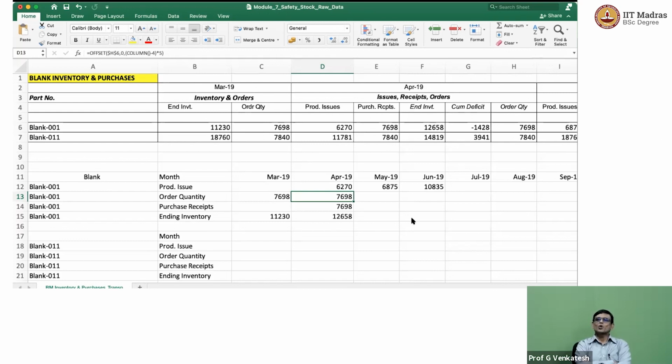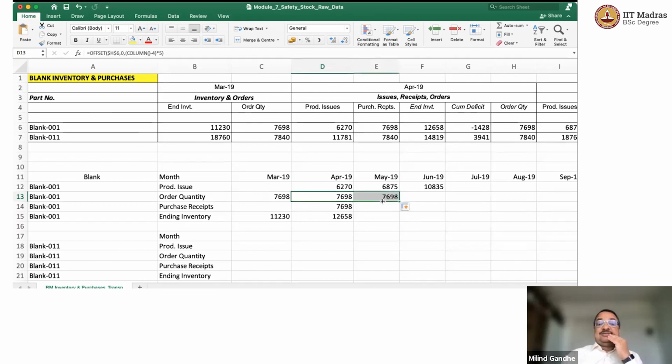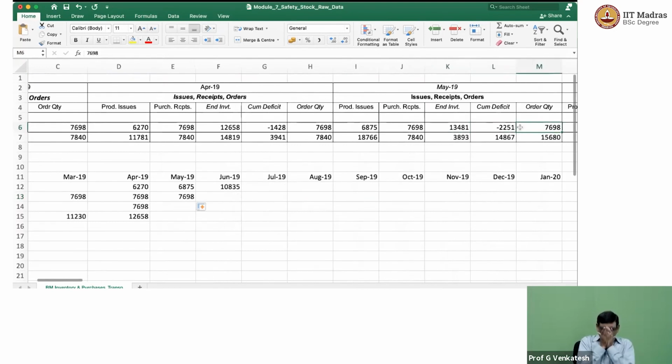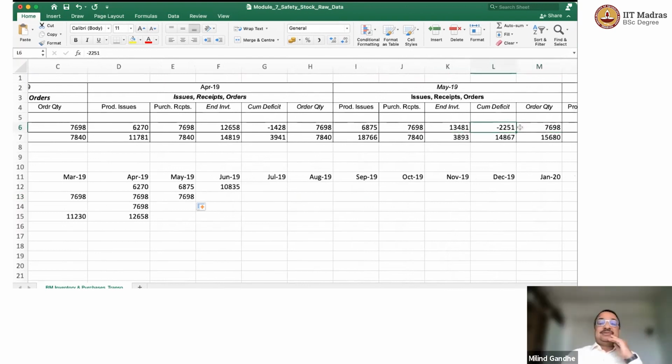From H6 you go 5. What you're saying is from H6 you go 5. Correct. Let's check that once. From H6 you go 5 into something, right? Yes, 5 into the number of months. Correct.